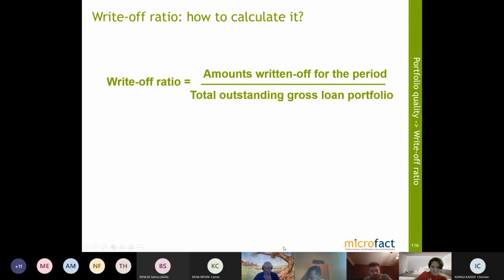So the way of calculating your write-off ratio, you look to the amounts written off by the total outstanding gross loan portfolio. This is the definition that we use. Other organizations do use the average outstanding gross loan portfolio, but this is a real discussion between specialists. We take the most common one, so we don't take the average.